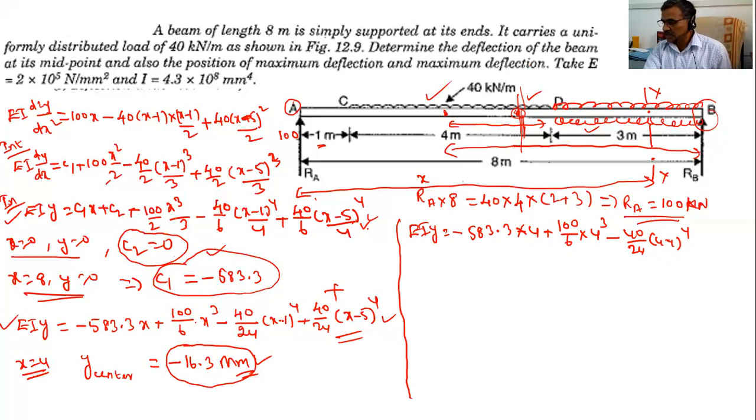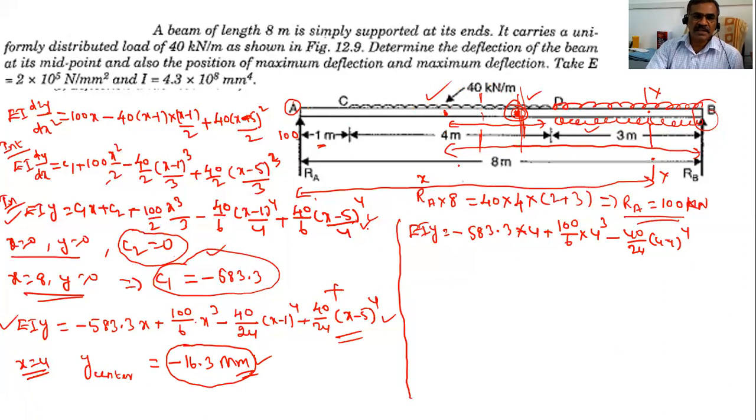The next step is we are interested in the maximum deflection. In this problem, the maximum deflection may occur between the center and A, because the load is acting at this portion concentrated, right? So for this also you have to take axis here only.